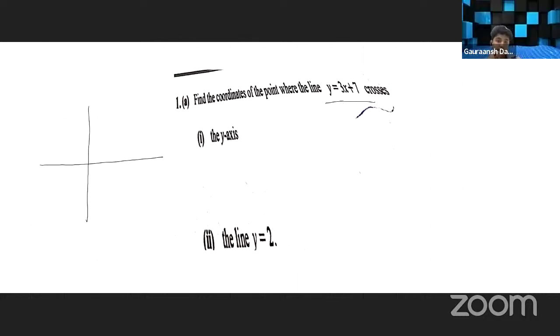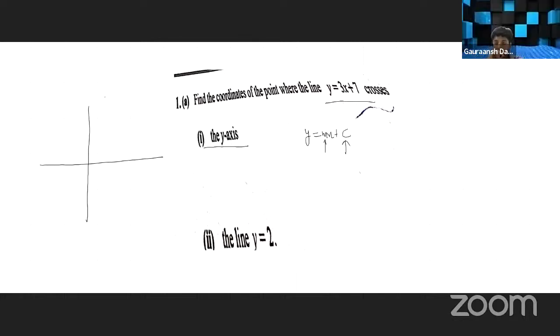ठीक है. So there is a line which is given to you. This one. You have to tell where it crosses the y axis. So maybe it is like this. So y equals 3x plus 7. How did you do this? Tell me your steps. So you said y equals mx plus c. So m is the gradient and c is the y-intercept.